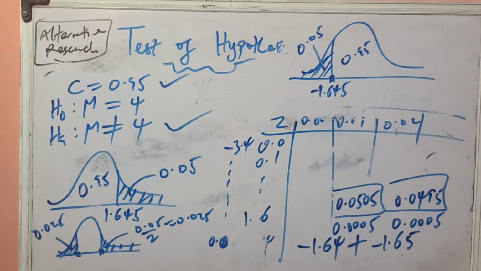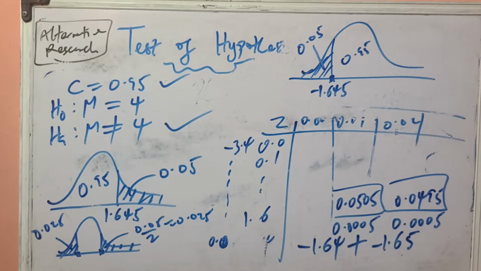Okay, anybody seeing it there? Okay, I can see an exact value of 0.025 on 1.9.